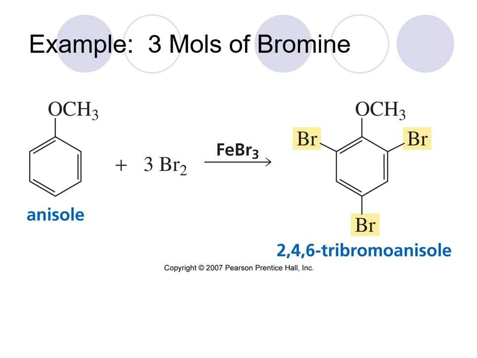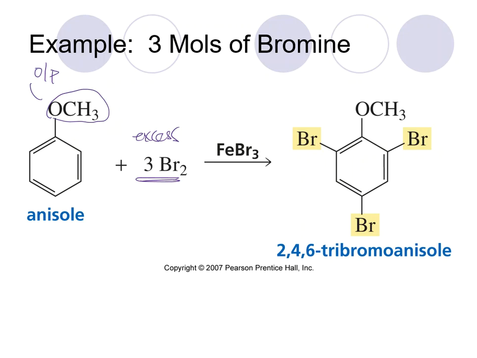If we take a benzene ring, now not just anisole, folks, this is any OP director. Most of the OP directors, if they are given excess of the reagent, every single O and every single P can be taken by the incoming electrophiles.